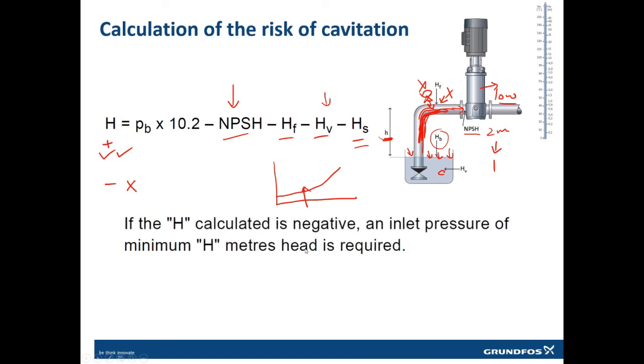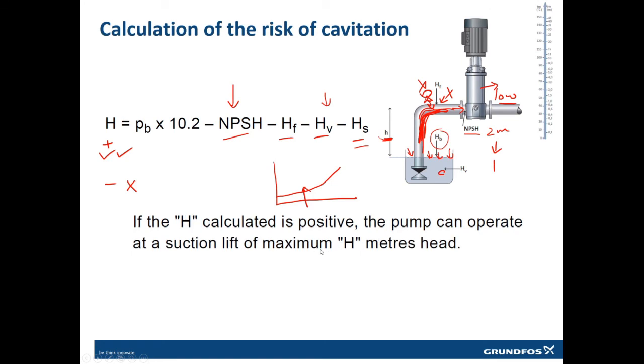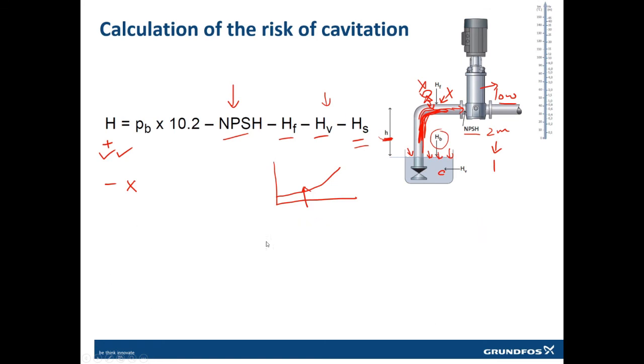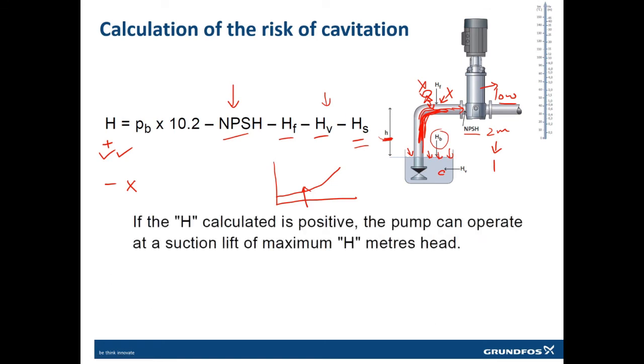So if H calculated is negative, an inlet pressure of H meters is required, and if H calculated is positive, that means the pump can suck the water from this much head. For example, the result of this H is 4 meters.